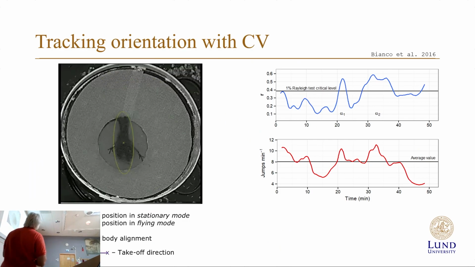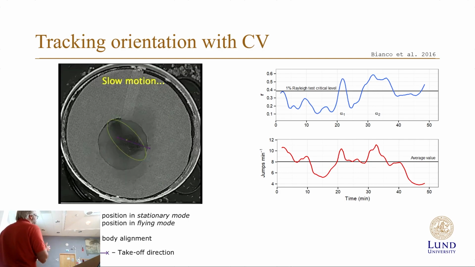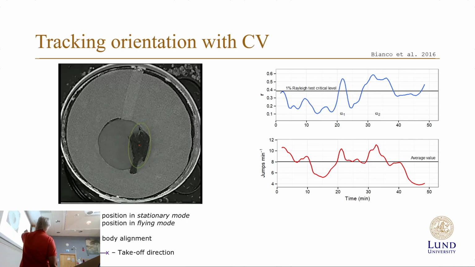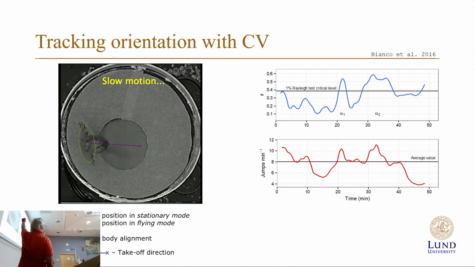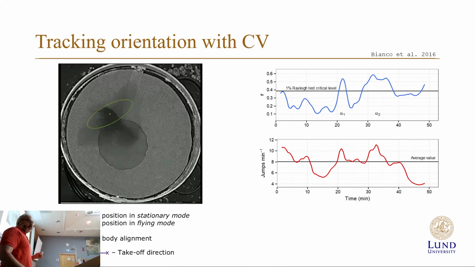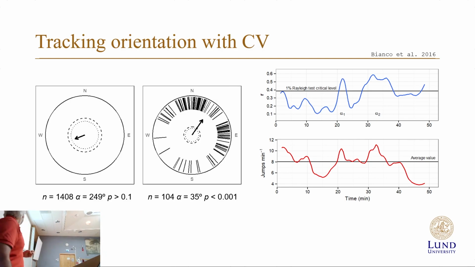Now we have something to compare, because the marks on the thermal paper are a proxy that tells us where the bird has been. Here, we are tracking the exact takeoff direction of the bird. And to our surprise, we discovered that they don't tell the same story.